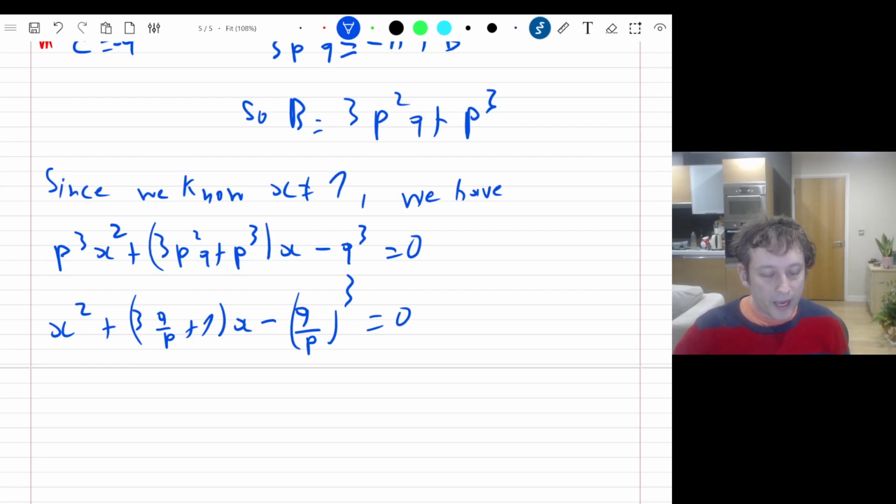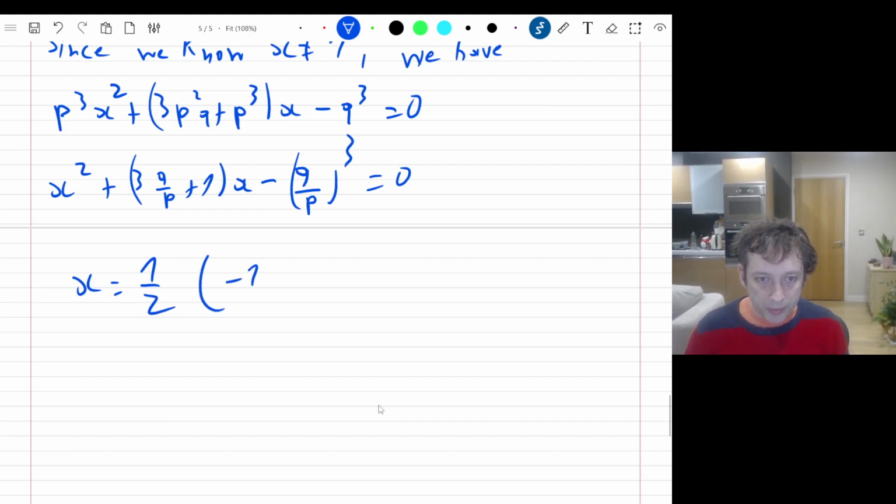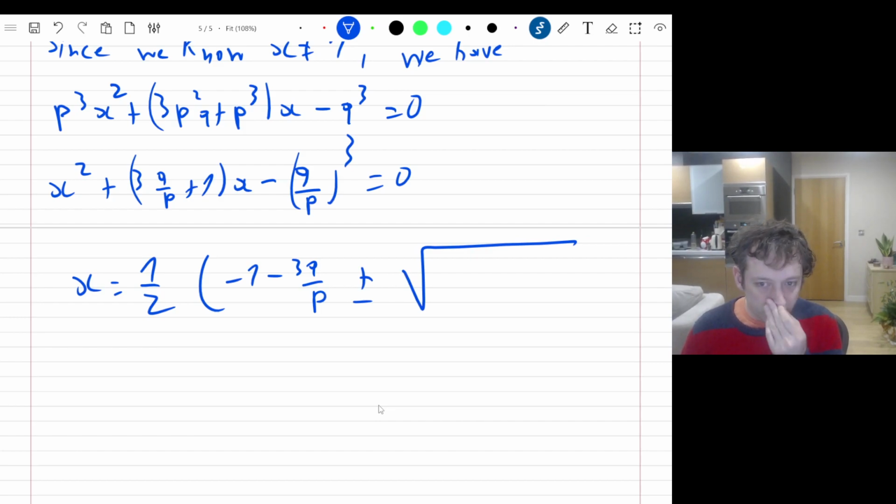It's minus b plus minus square root of delta divided by 2a. Yeah, there you go. So we're going to get x is half, that's divided by 2, of minus 1 minus 3q over p, plus minus square root of 1 plus 3q over p squared plus 4q over p cubed.